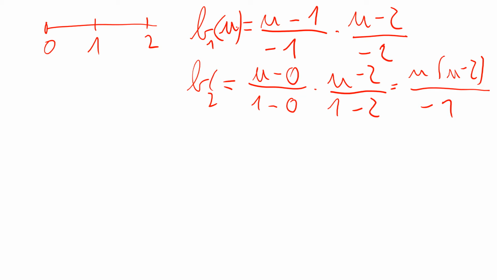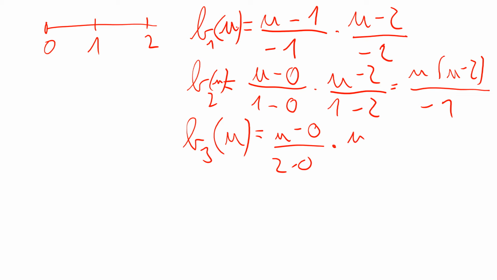And the third polynomial will be B3 u, and now we have u minus 0 over 2 minus 0 times u minus 1 over 2 minus 1, which is u over 2 times u minus 1 divided by 1.